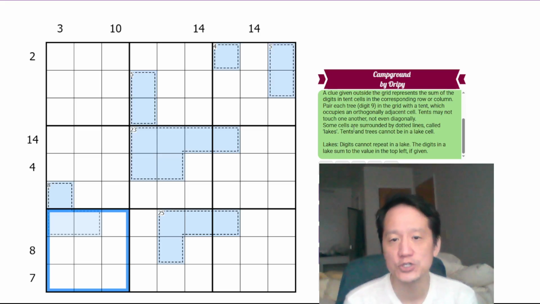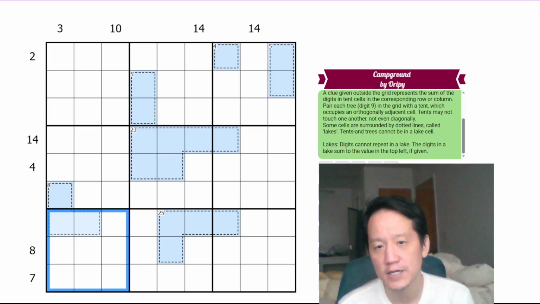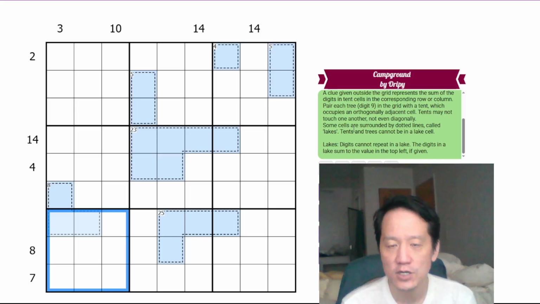Pair each tree, digit 9, in the grid with a tent, which occupies an orthogonally adjacent cell. Tents may not touch one another, not even diagonally. Some cells are surrounded by dotted lines, called lakes.